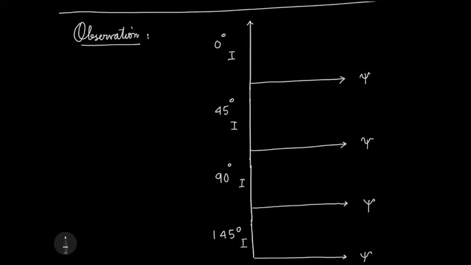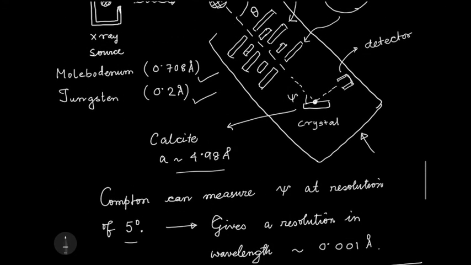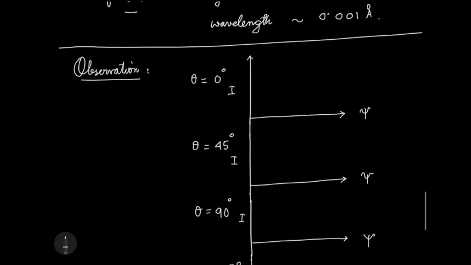So when theta equals 0, what do you expect? These are the values of theta, right? Let me label them properly. For theta equals 0, given the wavelength of the incident radiation, molybdenum or tungsten, you will see a peak at that wavelength. So this will look like this.